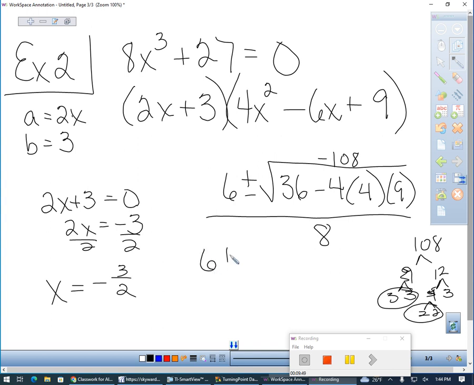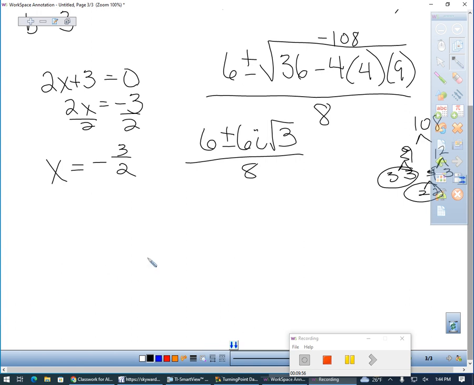So we have 6 plus and minus 6i square root 3 all over 8. What does this all reduce by? 2. 2 goes into 6 3 times, and 2 goes into 8 4 times. So our final two answers are 3 plus and minus 3i square root 3 all over 4.